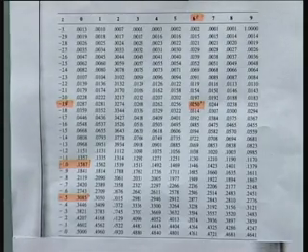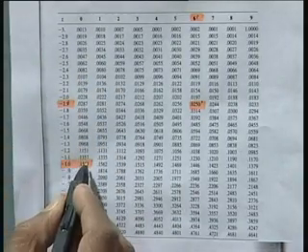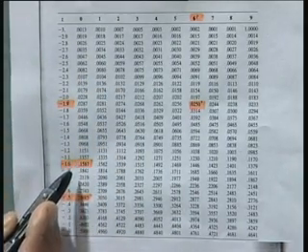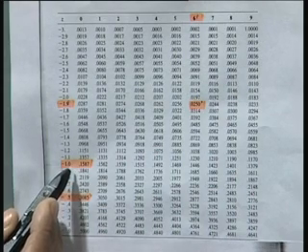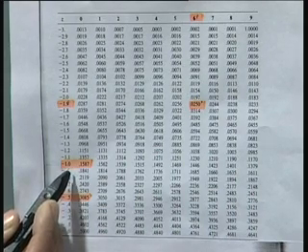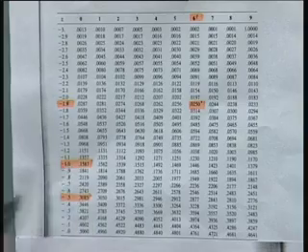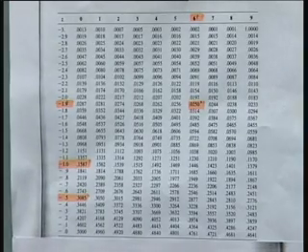We need a value of F at minus 1.0. So, what we see in the corresponding values here, the value is 0.1587. So, 0.1587 is the value of F at minus 1.0.